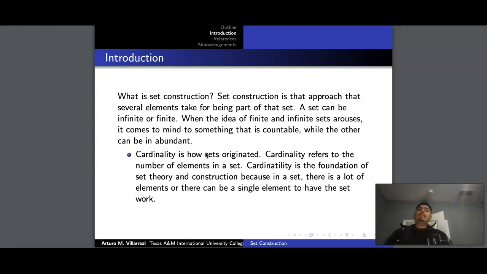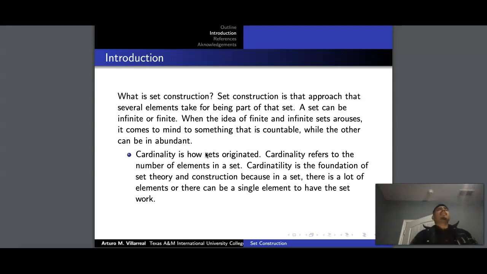Introduction. Let me give you the introduction about set construction. Set construction is basically that approach where several elements can be part of a set. We have several sets that can be either infinite or finite. When we talk about infinite sets, as we know in Calculus 1, we learn about limits, and we learn that some limits may approach infinity.